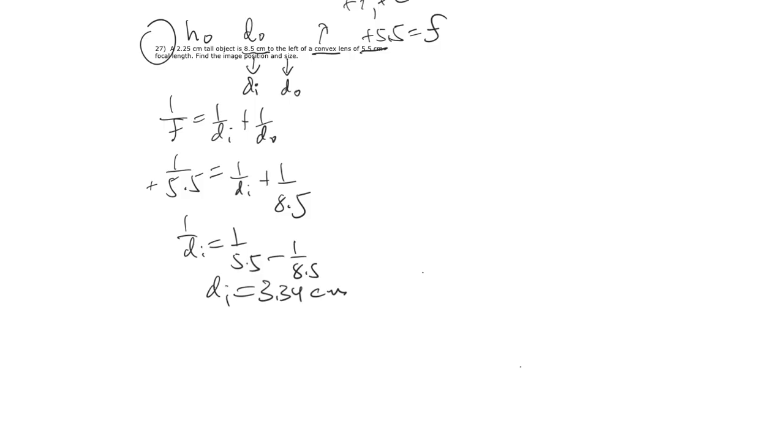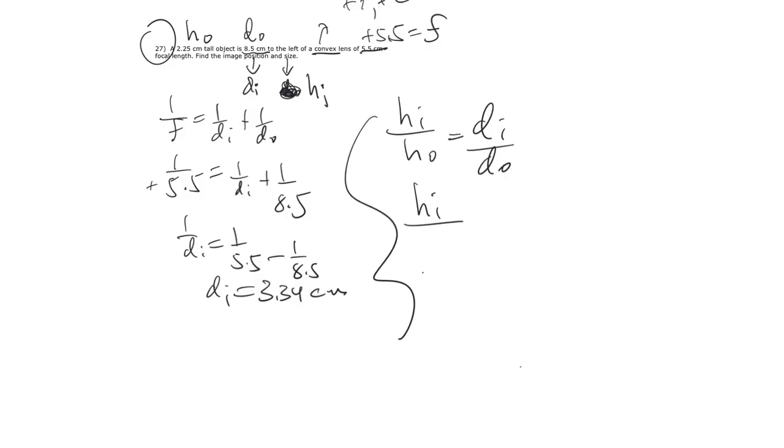So let's now find the size. The image position is DI. The image size is HI. I don't know why I put DO there. So HI over HO equals DI over DO. So HI over 2.25 equals DI, which we just found, 3.34, over DO, 8.5.